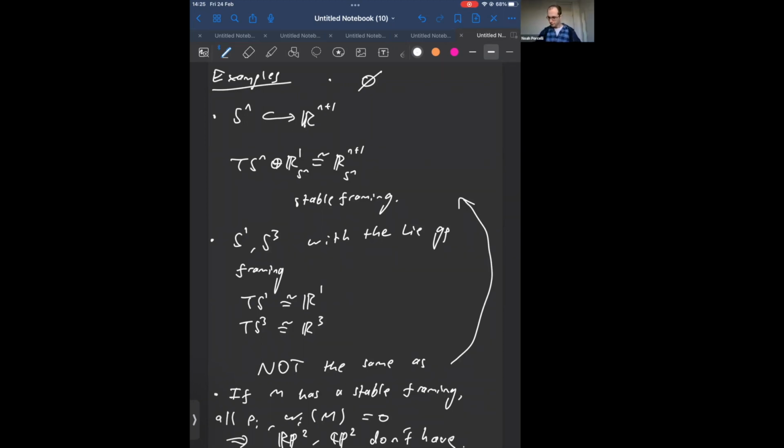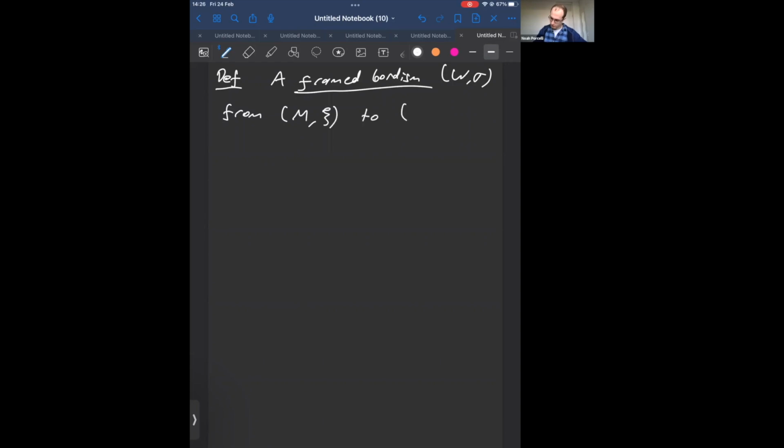But, okay, so these are stably framed manifolds, and there's still a lot of these, but we have an equivalence relation on them. So a framed bordism, let's call it (W, Σ), from (M, C) to (M', C'). These are stably framed manifolds of dimension n.